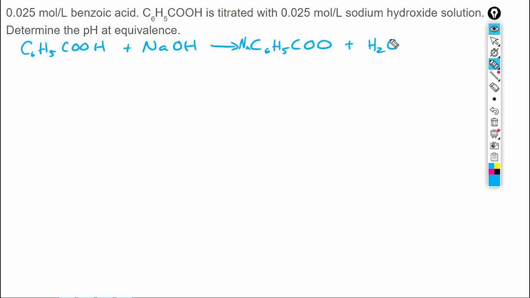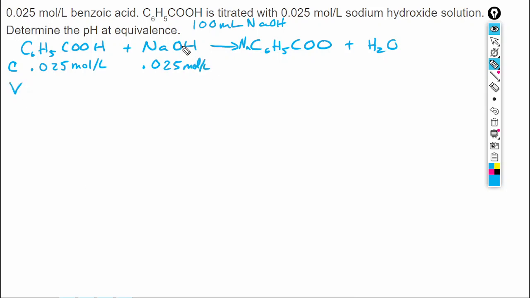And I didn't write it down, and you wouldn't really need a volume, but it will feel more natural if I tell you we're working with 100 milliliters of the NaOH. So the concentration is 0.025 moles per liter, and my concentration is also 0.05 moles per liter.